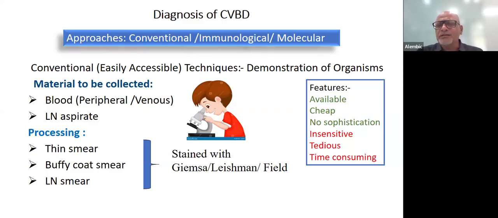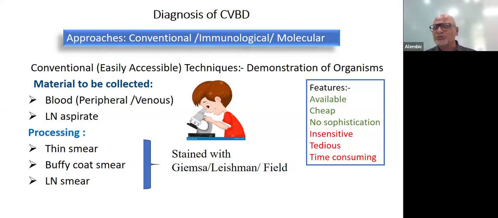In my professional experience, I'll tell you, I used to take around 15 to 20 minutes to complete one blood smear. My professor also used to tell me that in order to declare that the blood smear is negative for any of the organisms of CVBD, one has to see the blood smear for at least 20 minutes, and then only he or she can declare it as a negative.